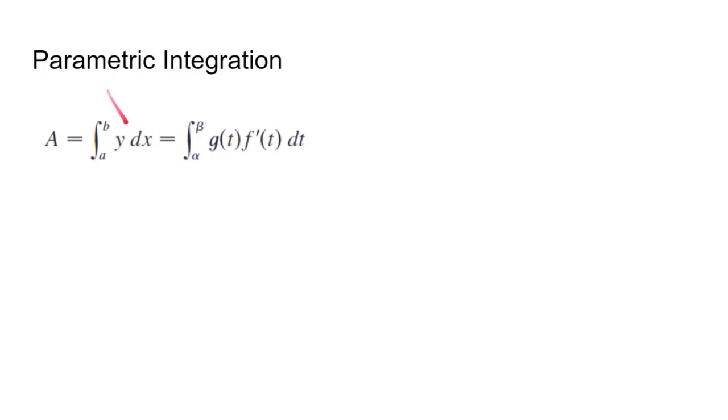So this first integral is dx, and the second integral is dt. And so alpha can be gotten by determining which t value would produce an x value of a, and beta is which t value would produce an x value of b.